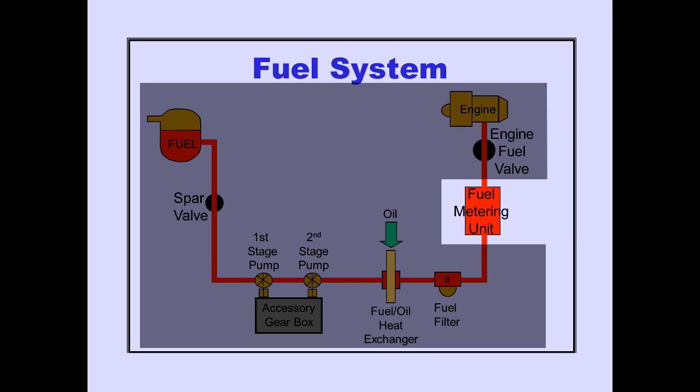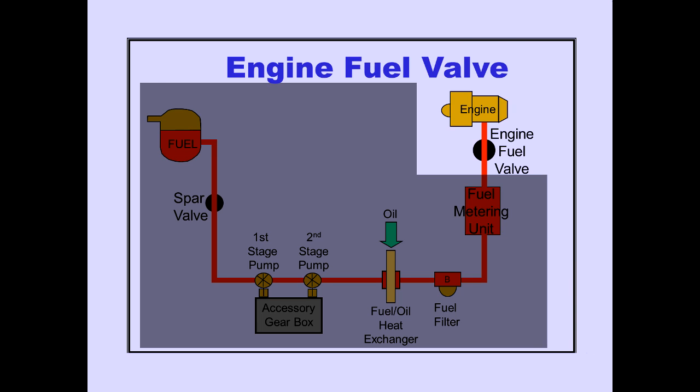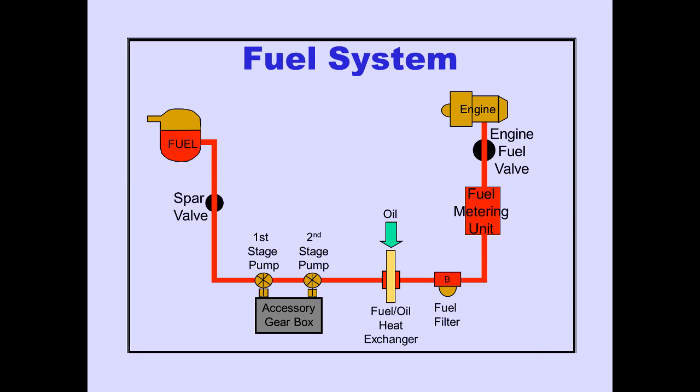From the bypass filter, fuel flows to the fuel metering unit. The engine fuel valve allows metered fuel to flow to the engine fuel nozzles. This completes the discussion of the engine fuel system. We will now look at engine fuel controls and indications.